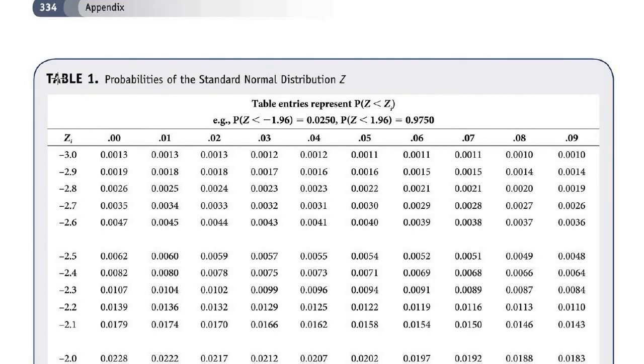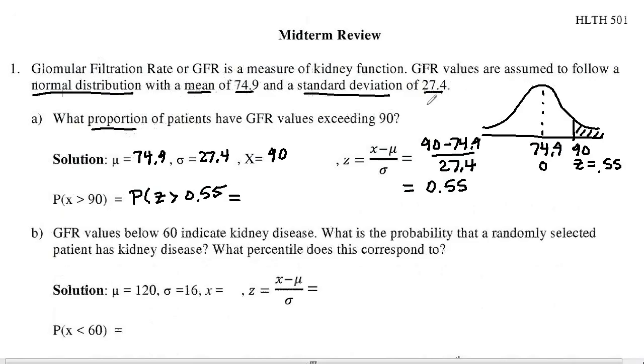So here's the table. This is table 1, probabilities for the standard normal distribution. And the table entries tell the probability or the proportion of scores that are less than a particular z-value. And our probability here is actually written in terms of a greater than. It's the probability that z is greater than 0.55.